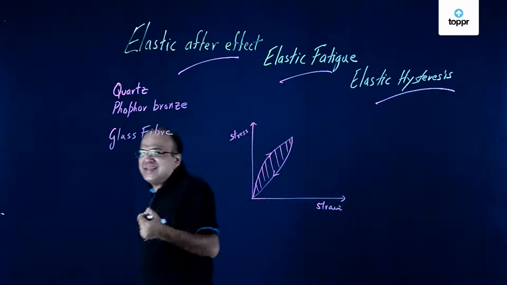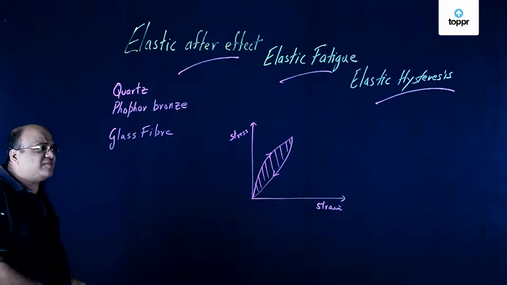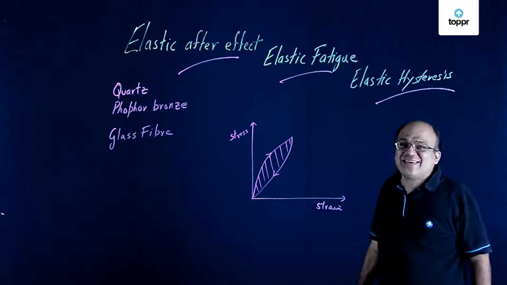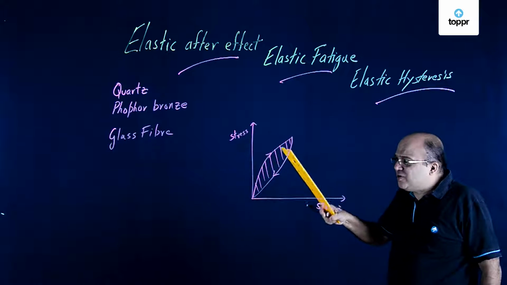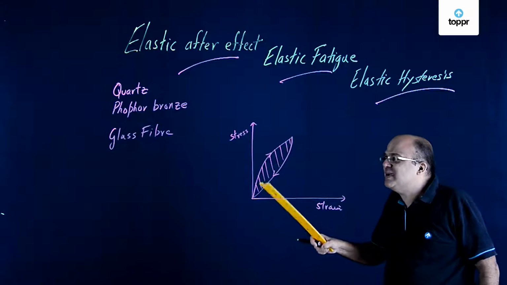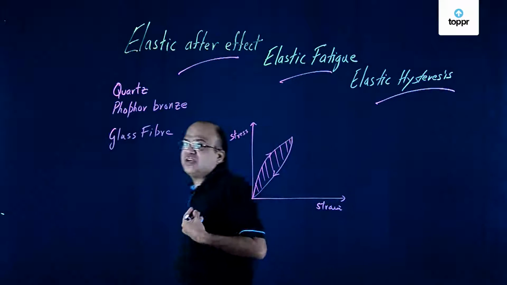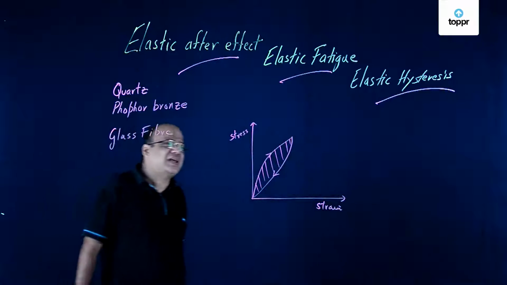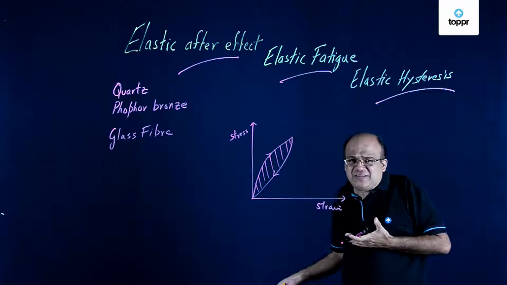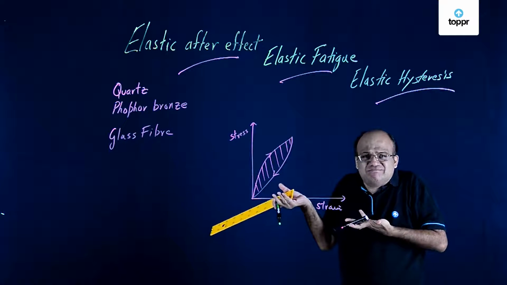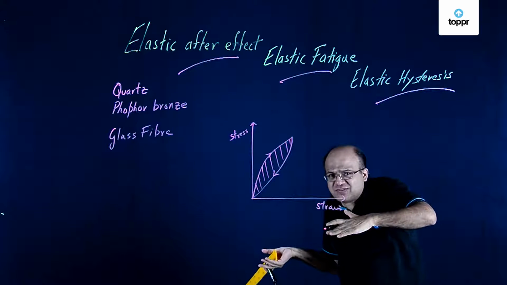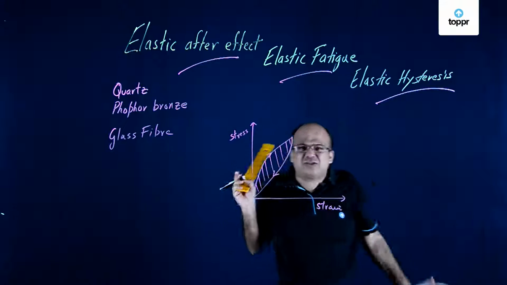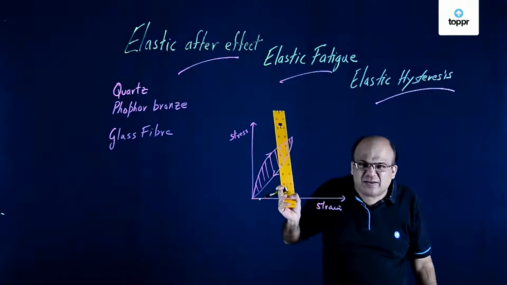The fact that the stress strain graph is not retraced while reversing the strain is called elastic hysteresis. And the area enclosed by this hysteresis loop gives us the energy lost per unit volume in the loading unloading cycle. Now, some places you want the energy to be lost. Right? In shock absorbers, you want them to have a large area hysteresis loop so that a lot of energy is lost, right, in this loading unloading cycle.